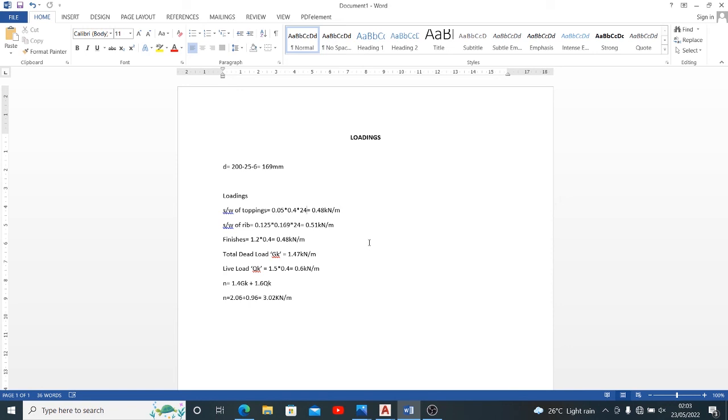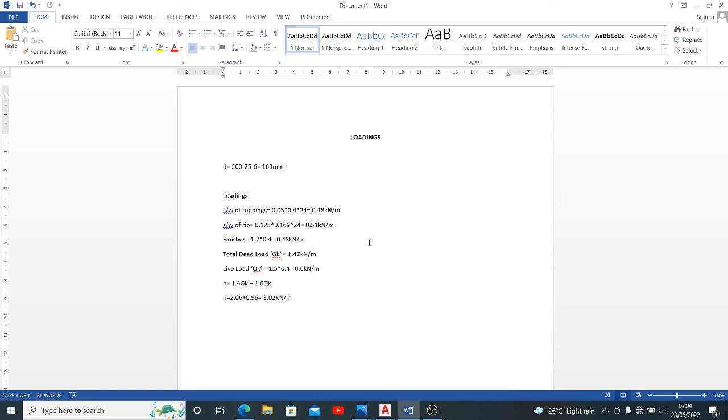Adding the three together, we have a total dead load of 1.47 and the live load of 1.5. We would have to multiply that by 0.4, which is the flange width carrying the toppings. So that's 0.6 kilonewton per meter.